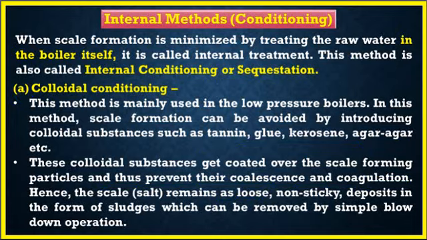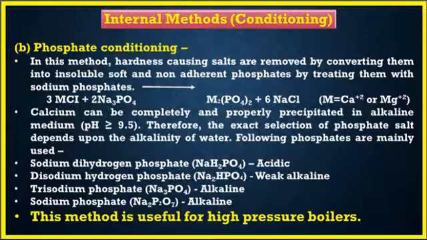So basically the colloidal conditioning involves the addition of some colloidal substances to the boiler feed water. These colloidal substances prevent the coagulation of the scale forming salts and hence the scale forming salts remain as loose and non-sticky precipitate in the boiler, which can be removed by the blow down operation.